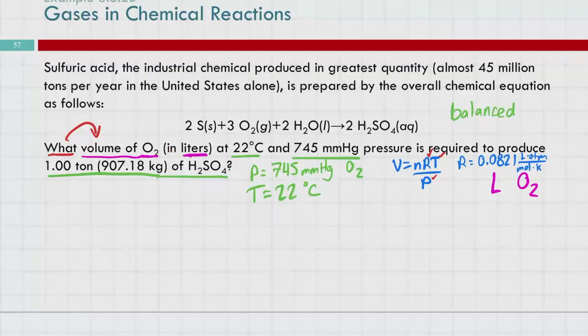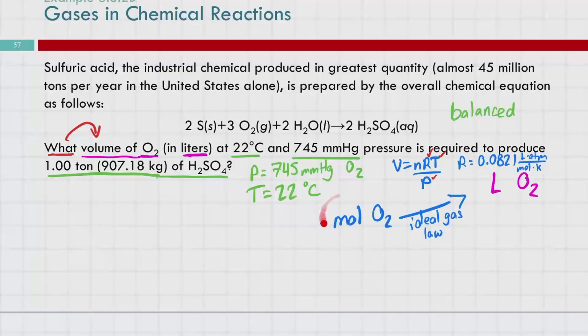So we need the number of moles for O2. If we get to moles of O2, that's the last variable that we need for our ideal gas law. So we could go from moles of O2 to liters of O2 with the ideal gas law.